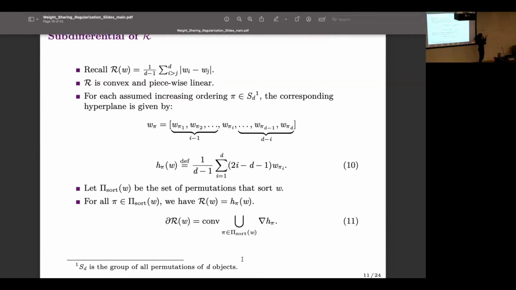So this is the subdifferential. The same thing happens here: the non-differentiability in R happens when the weights are equal and you have multiple sortings, so you have to take the convex hull of all of these gradients.